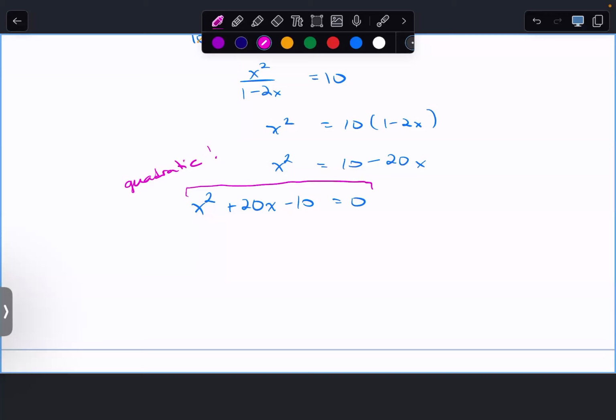Now I have a quadratic. In this quadratic, A is 1, B is 20, and C is negative 10.